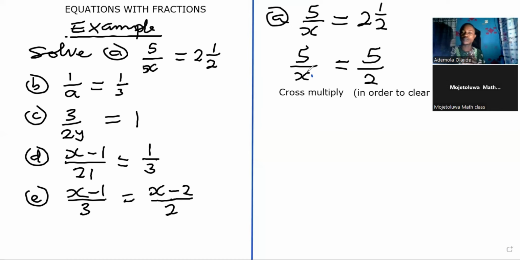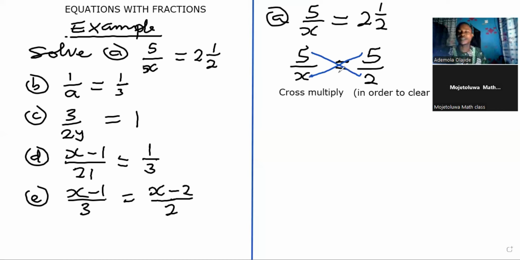So let me use Nigeria and Ghana. Nigeria to the left, Ghana to the right, and the border between them, the boundary, is this equal sign. The one down here, Nigeria will go and multiply the number up in Ghana. And the number up in Nigeria will come and multiply the number down in Ghana.